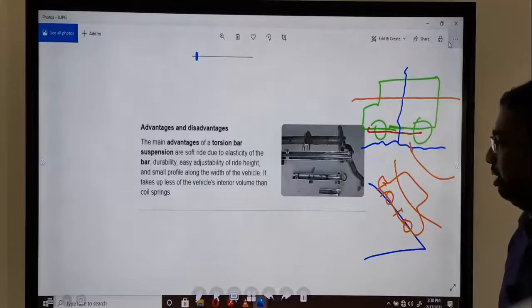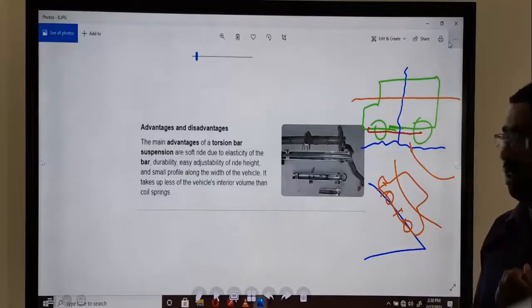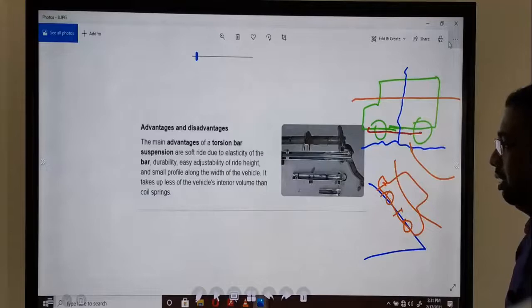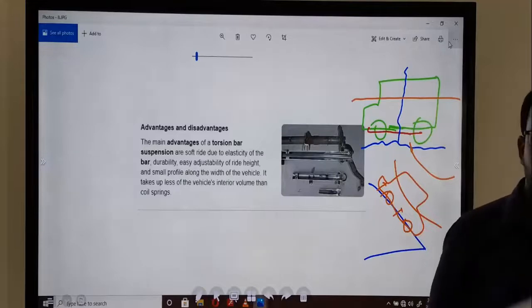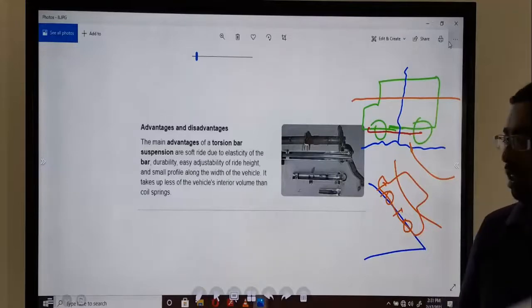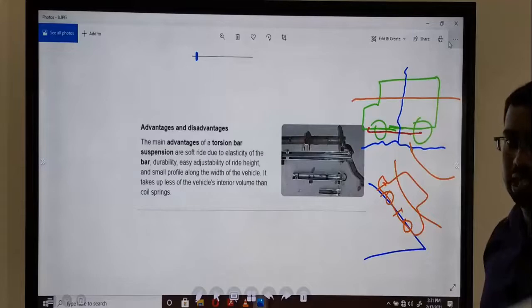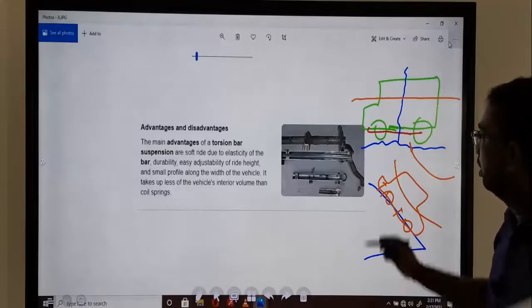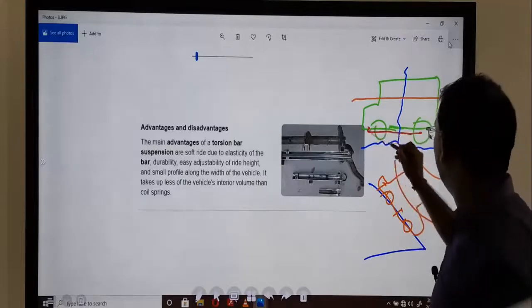And the small profile is a very thin bar, running along the width of the vehicle. So it takes up less of the vehicle's interior volume than coil springs. Some vehicles use the torsion bar without the coil springs. It also works like a leaf spring, like this.